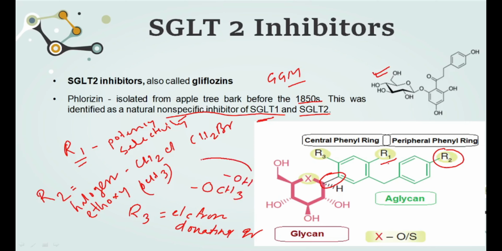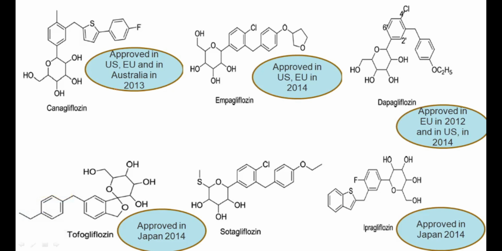These are responsible for the maximum activity in R3. So these are some of the SGLT2 inhibitors and their structure.